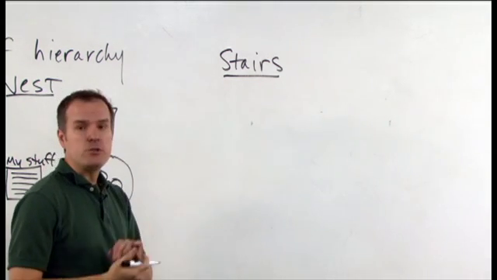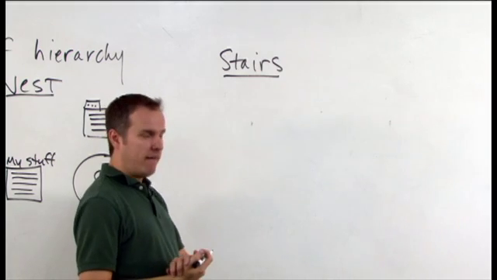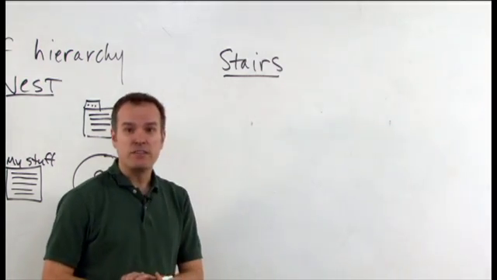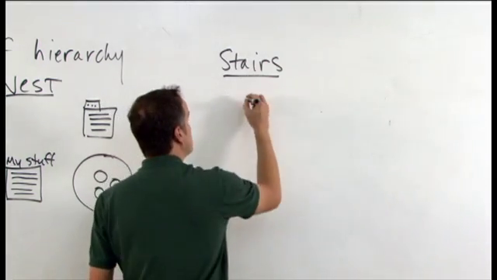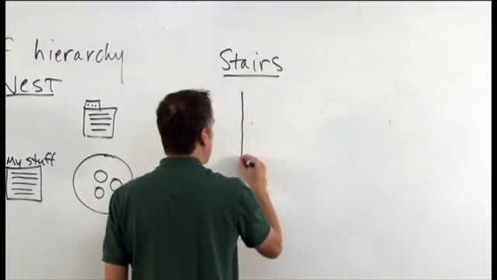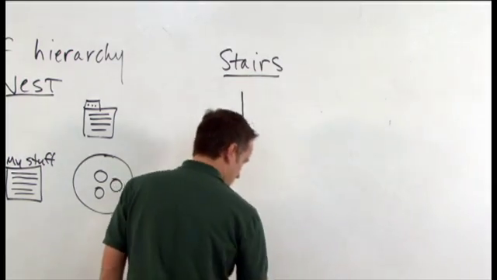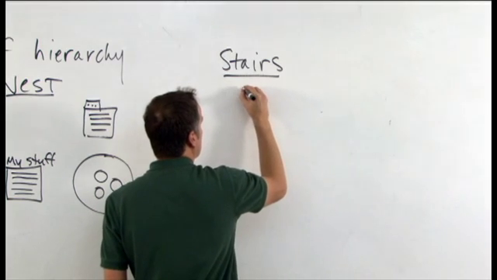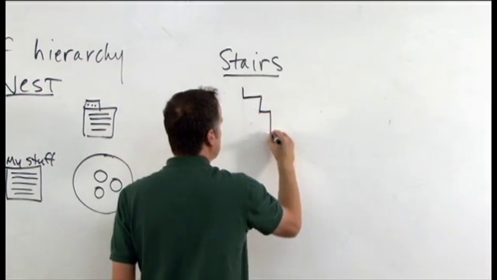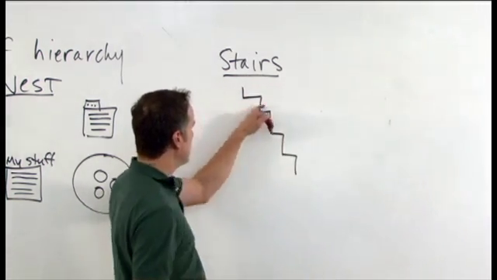Stairs are incredibly useful hierarchies because they can incorporate an infinite amount of information without losing their visual structure. Stairs, at their simplest, make use of left to right and top-down orientation, which basically means that every time you drop down a level, you go to the left and down.